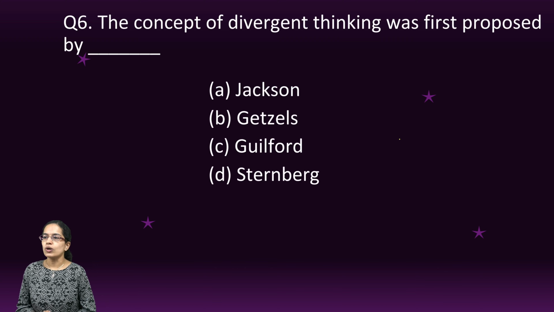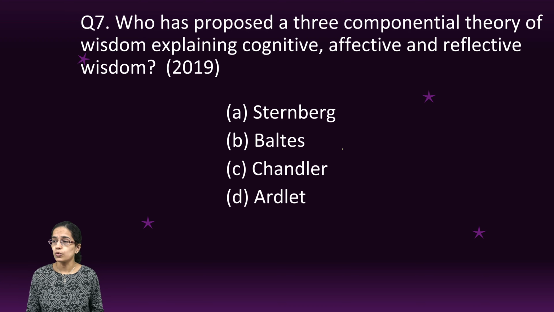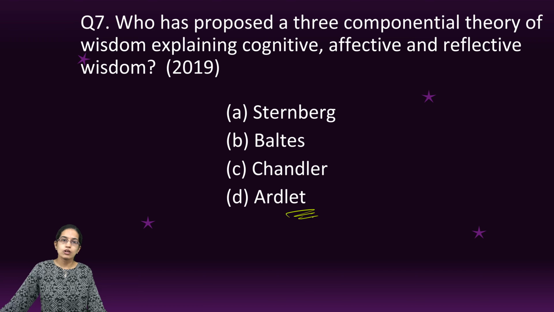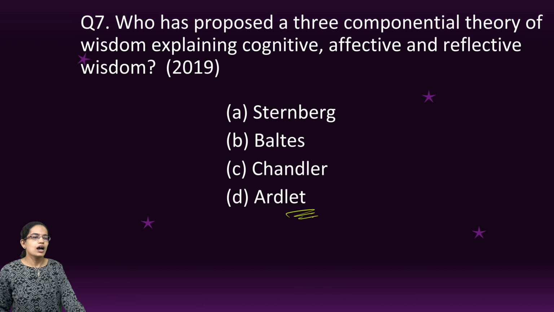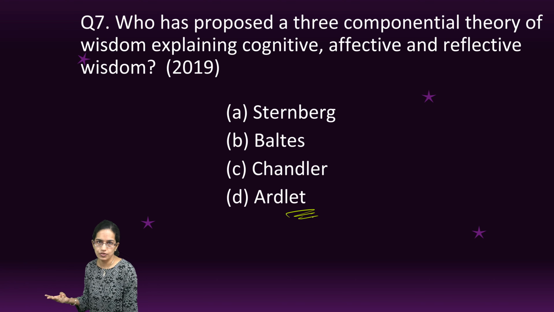The next is the concept of divergent thinking was first given by Guilford. A very direct question. Guilford was an American psychologist, and his theories of creativity and intelligence are well known. The next is again a direct question. Who proposed a componential theory of wisdom? Now this theory of wisdom was given by Monika Ardelt. Monika Ardelt has been working on the theory of wisdom and talking about the three aspects of cognition, affection and reflection.